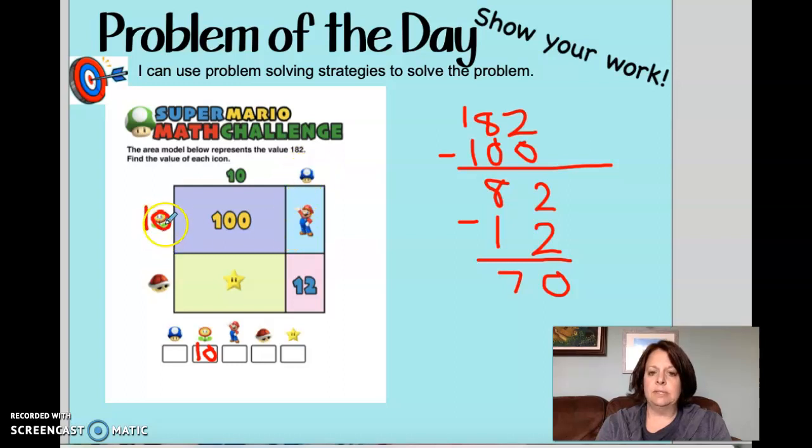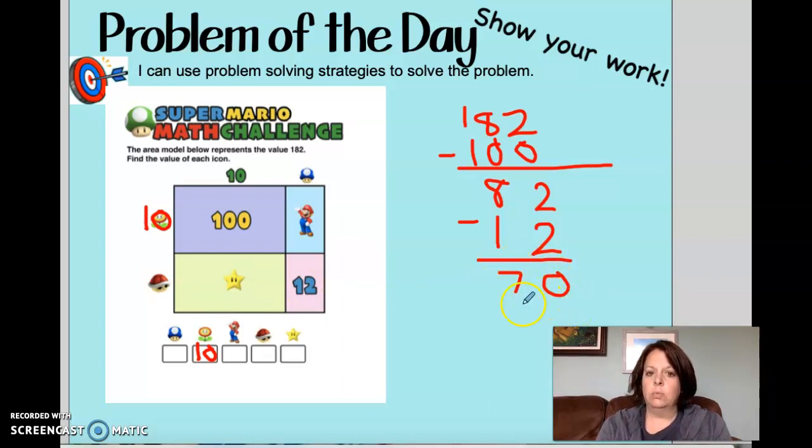Okay, so I'm trying to think here. Mushroom times 10 is going to equal Mario, and I know mushroom times shell is equal to 12. Mushroom times shell equals 12, and 10 times shell equals star. And I have to get 70.